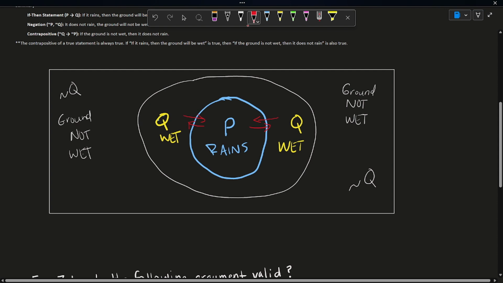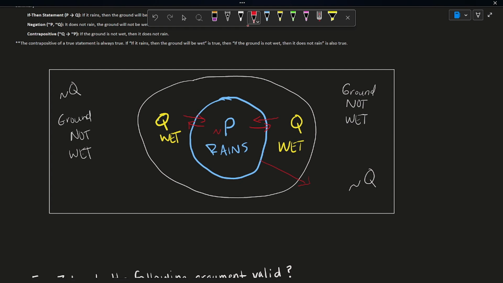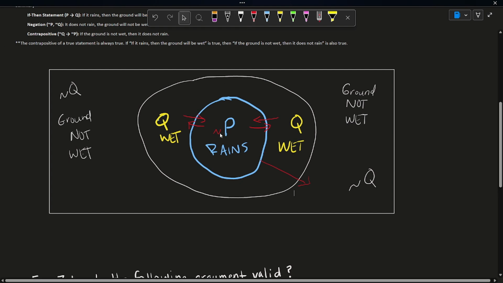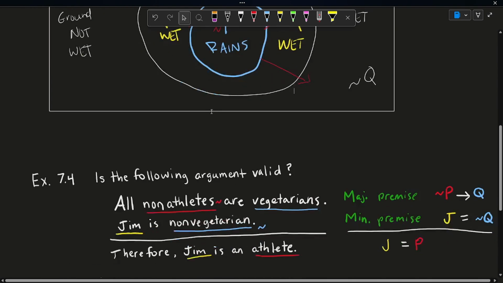And then if the ground is not wet, not Q, well then we're at not P. It didn't rain here. You can see there's no rain blue out here, so it didn't rain. That's what they're trying to explain there, that Venn diagram for the one in the book with fast rabbits. But we did the same thing with rain and wet ground.